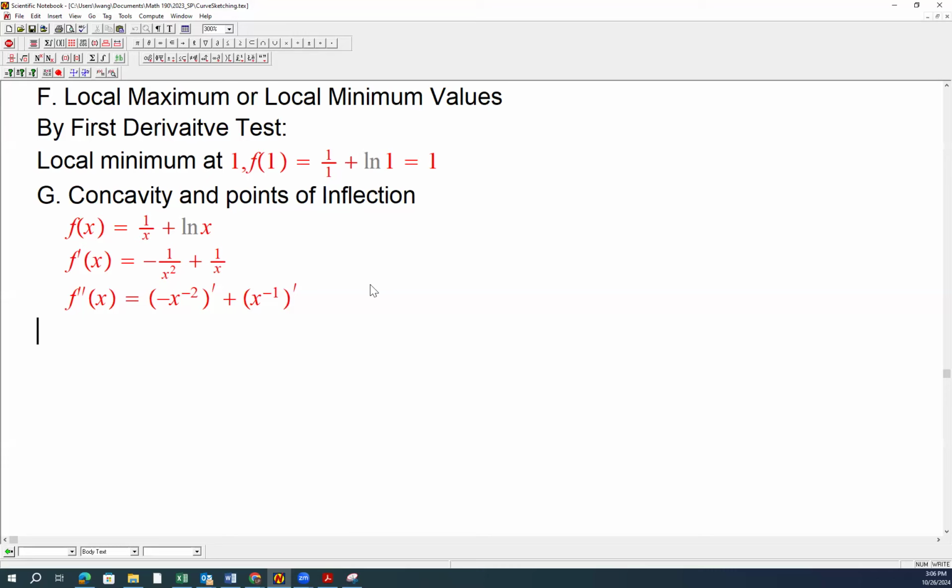Power rule: we got -1 multiplied by -2, and x raised to the power of -3. On this part, because I'm going to write it in fraction form, it's going to be 1 over x squared. This is going to be a negative, so this is going to be +2.